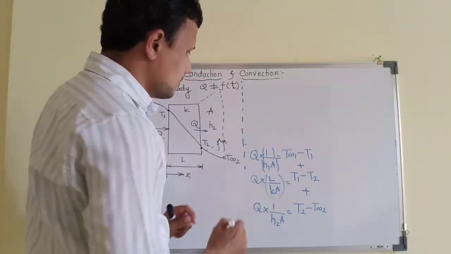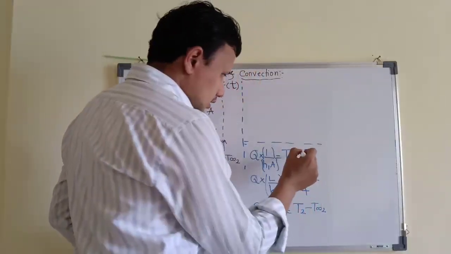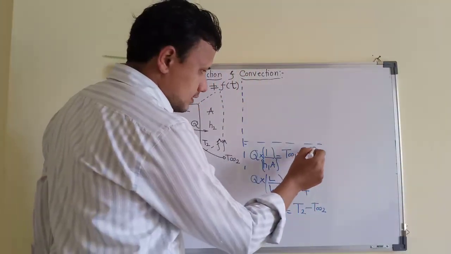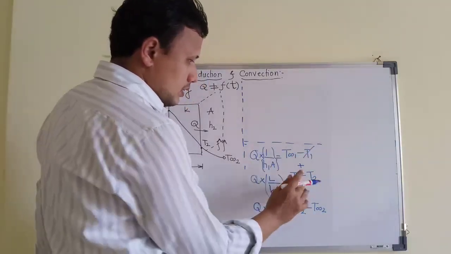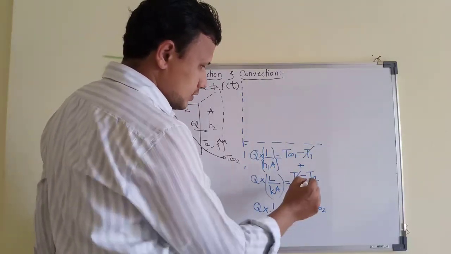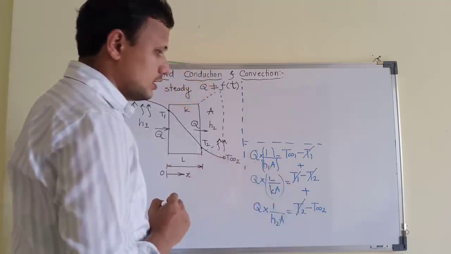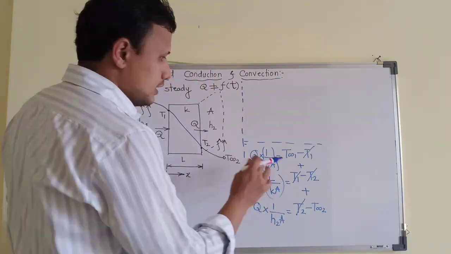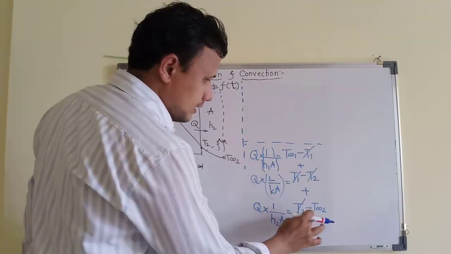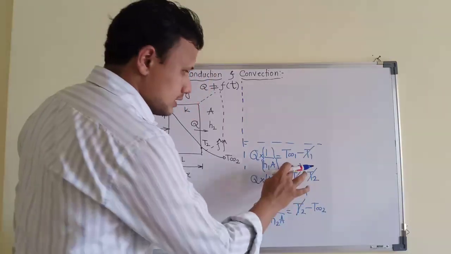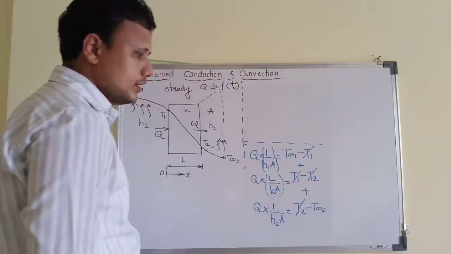When we add, we can simply figure out that this is minus T1 and this is plus T1, so they will cancel each other. This is minus T2 and this is plus T2, so they will cancel each other. What remains is only the term T infinity 1 minus T infinity 2, because it has been added, so this will be minus T infinity 2 only.